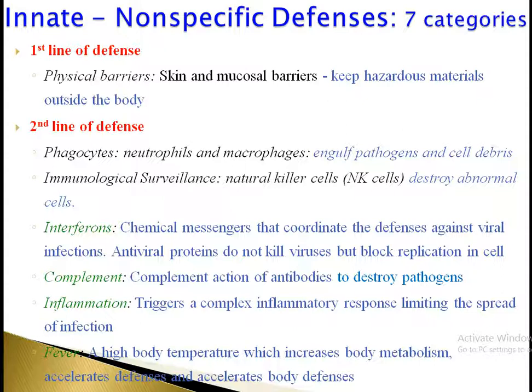Immunologically, natural killer cells destroy abnormal cells. Interferons are the chemical messengers that coordinate the defenses against viral infections. Complement, the inflammatory process, and fever, high body temperature, which increases body metabolism and accelerates body defenses.